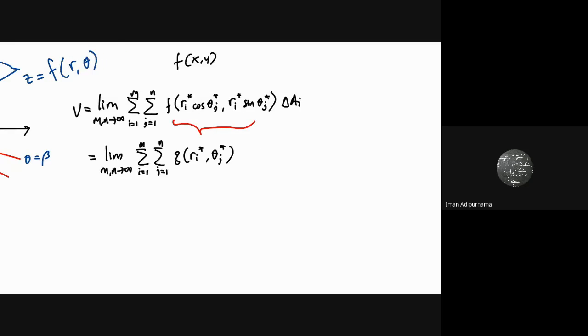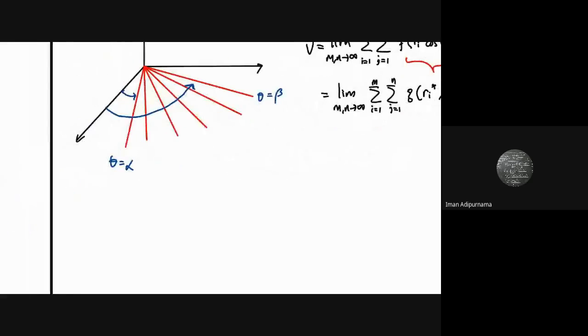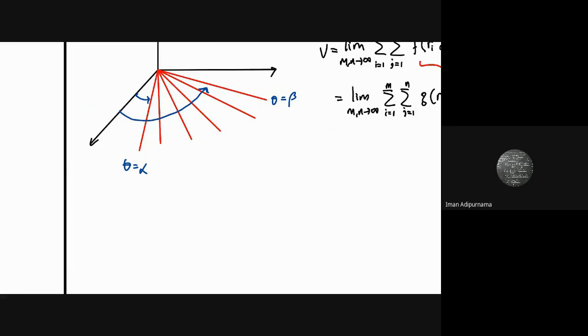And in the delta, this will be delta r delta theta. If you look at here, imagine this is the alpha and this is the beta.